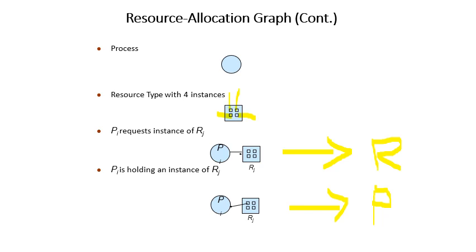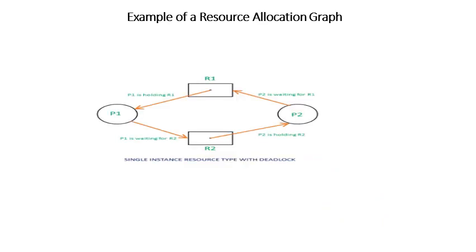Next, going to the example of a resource allocation graph. Here we can see the example. As I discussed in the previous slide, this is P1, which is in circular shape, so this is a process. Whatever is in rectangular shape is a resource.